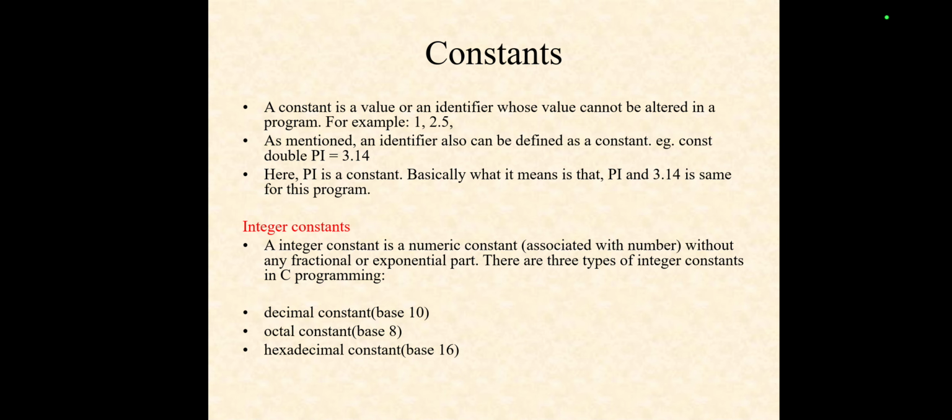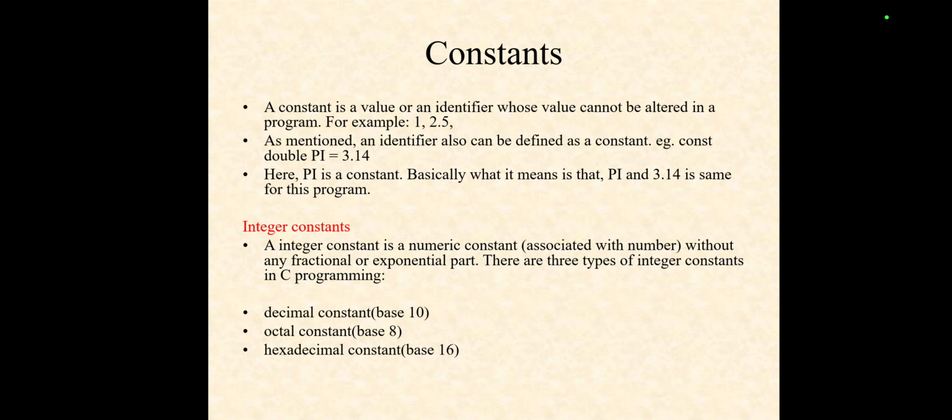There are so many constant types; some of them we will discuss here. The first type is the integer constant. An integer constant is a numeric constant associated with numbers without any fractional or exponential part. There are three types of integer constant in C programming.